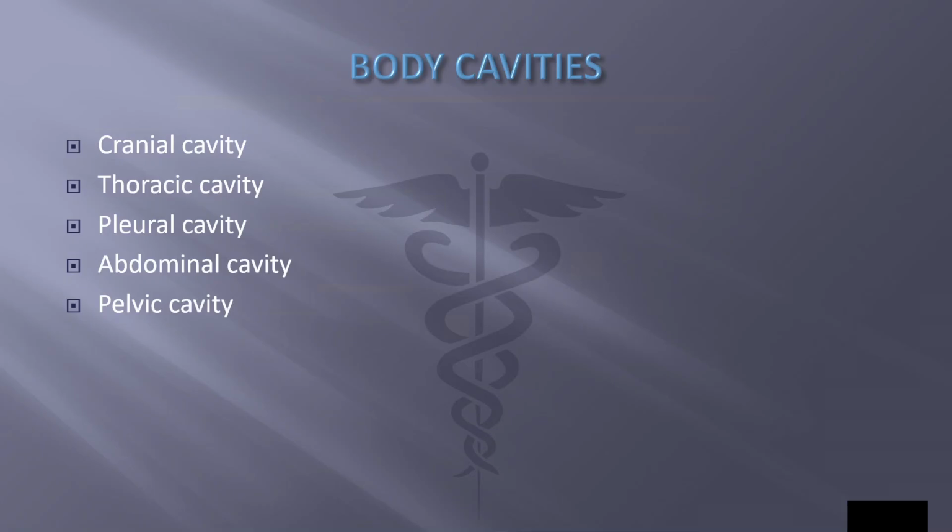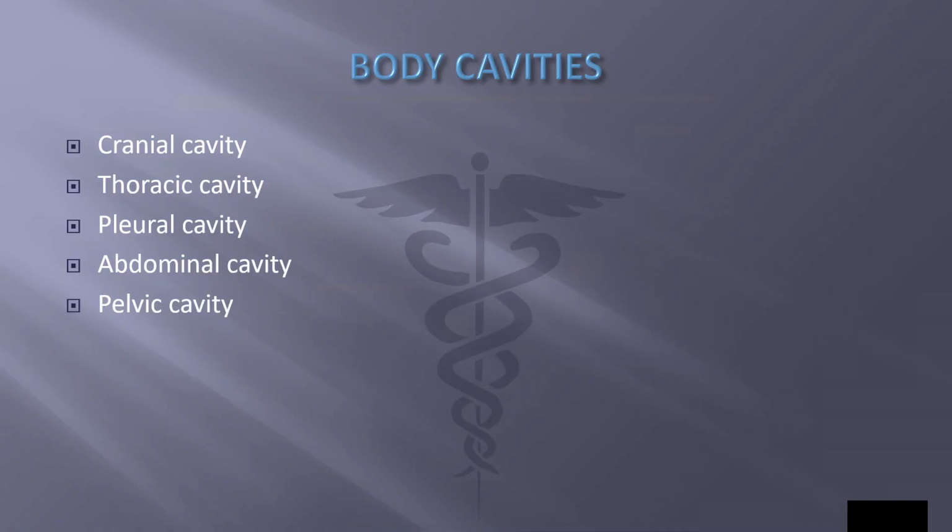Okay, so back to figure 2.2, we have number 4, which on figure 2.2 is shown right below the abdominal cavity. And this is going to be our pelvic cavity.